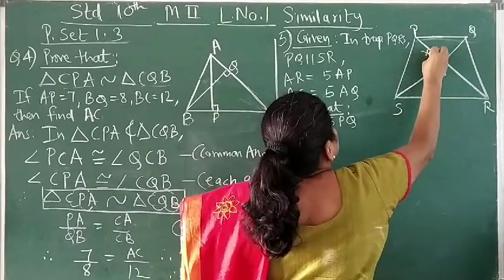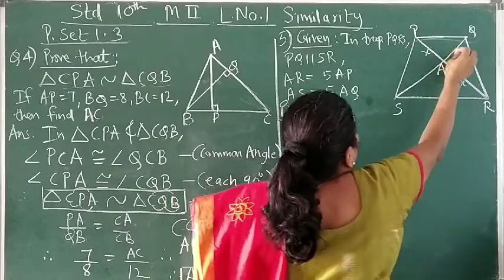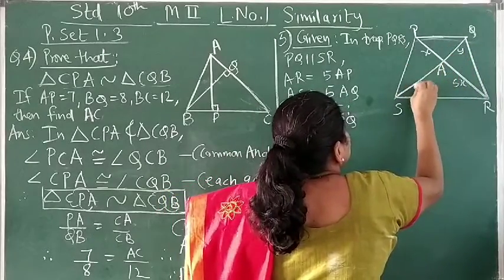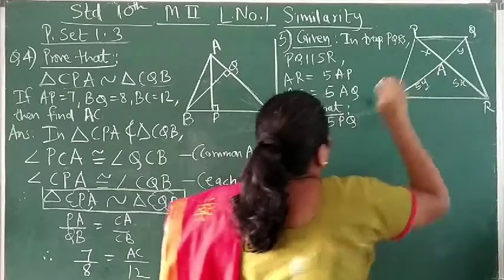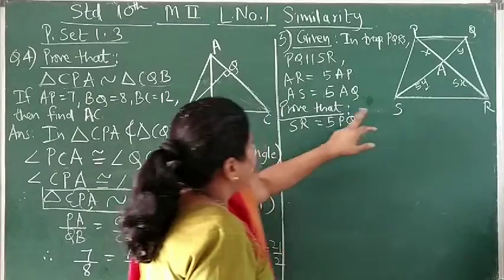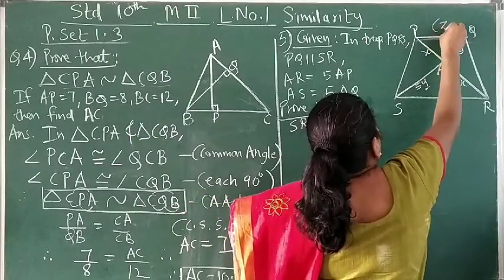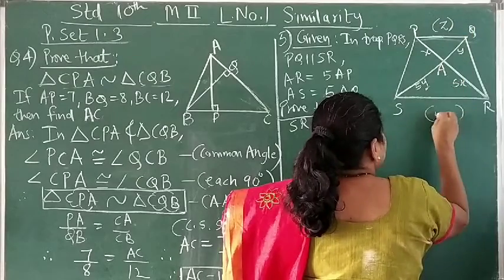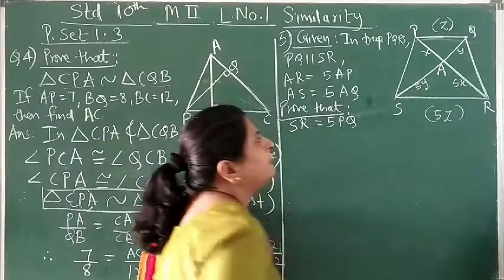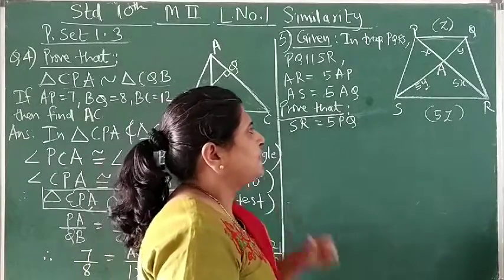So suppose AP is X, then this is going to be 5 times X. And if AQ is say Y, this is going to be 5 times Y. And you have to prove that SR is 5 times PQ. Means if PQ is Z, then we have to prove SR is 5Z. So how can we prove this 5 times?